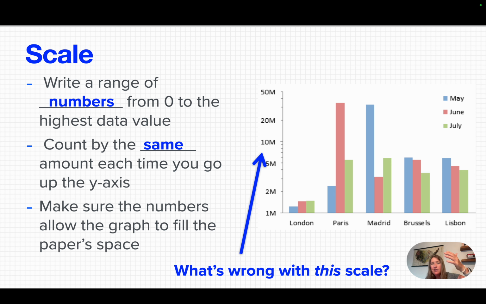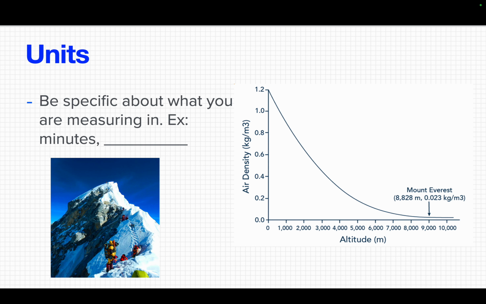I don't know what that's supposed to be, maybe 40 was supposed to be at the top. So they got it really close to the top of the graph paper. And I'll show you this tomorrow when we do our practice graph. All right, so that's scale.